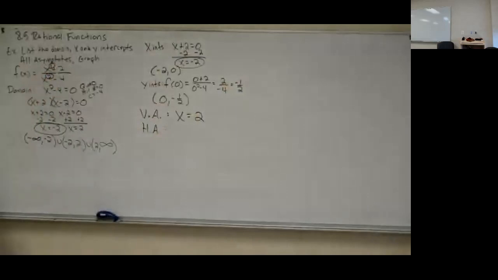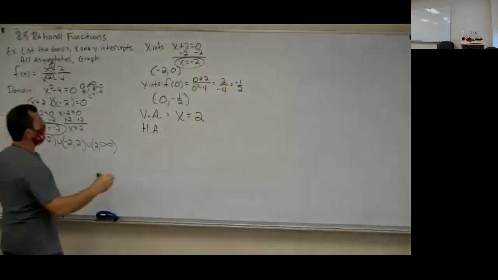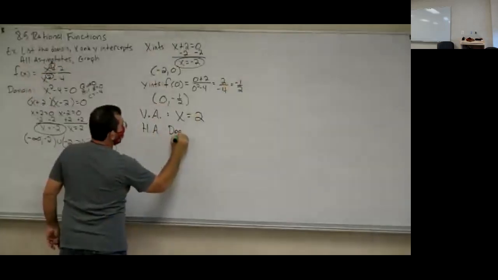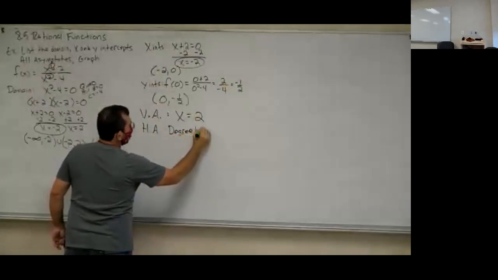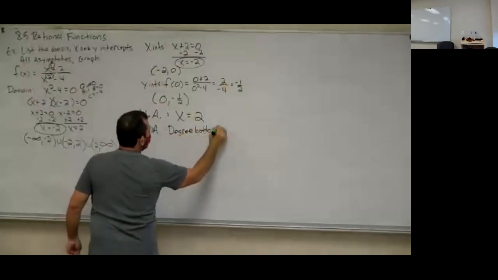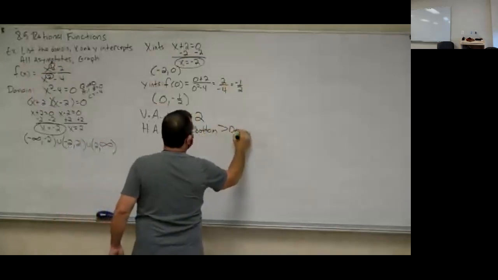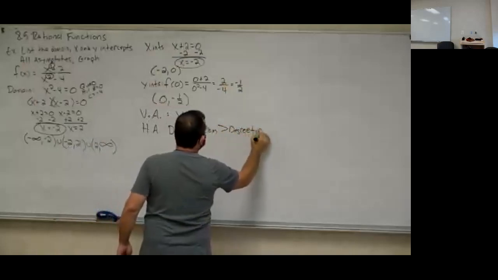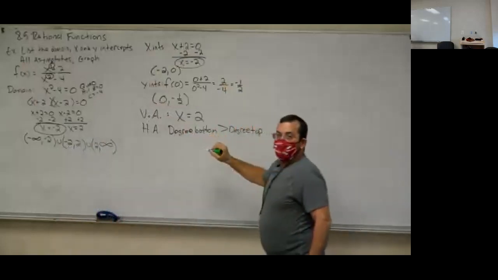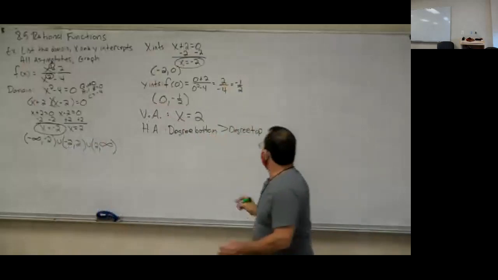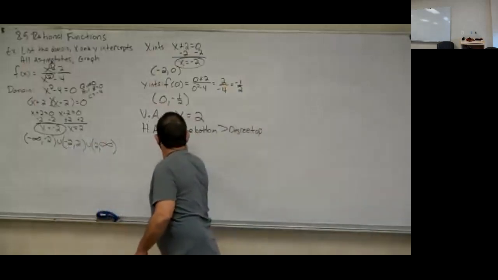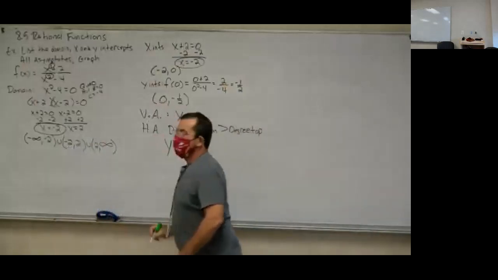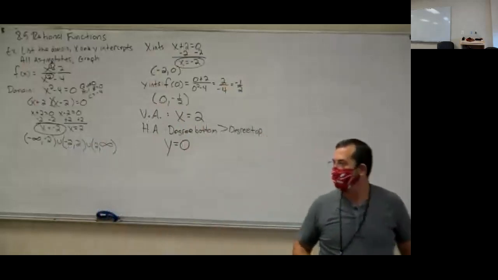So the degree of the bottom is greater than the degree of the top. And anytime the bottom has a higher degree than the top, your horizontal asymptote will be y equals 0.